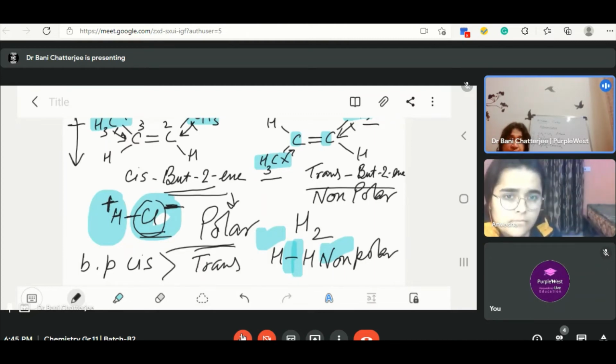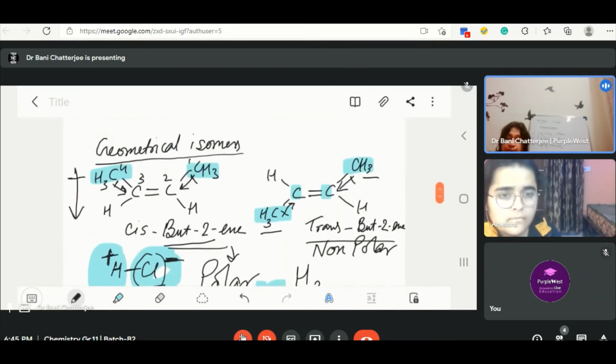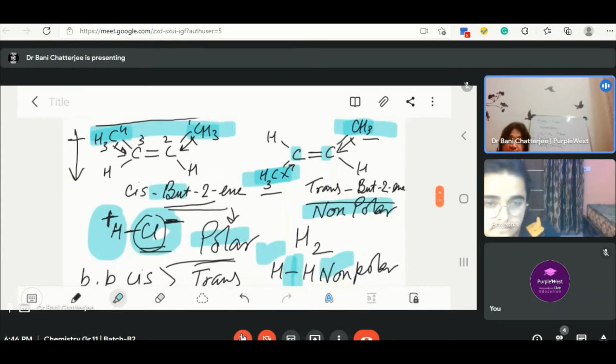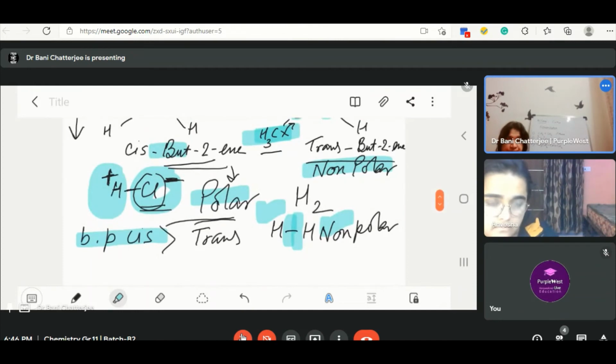So what did you come to know? Cis is the isomer when the similar functional groups are on the same side. Trans is the one in which the similar groups are on the opposite side. Trans is non-polar and cis is polar, and hence cis has the higher boiling point.